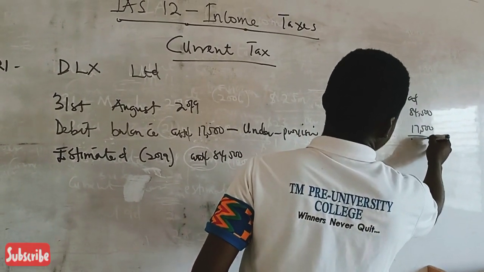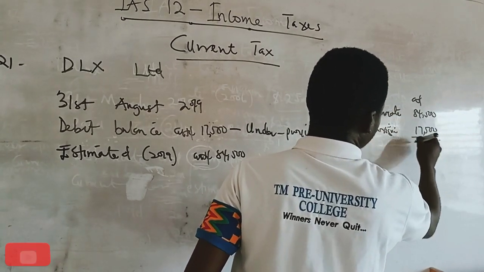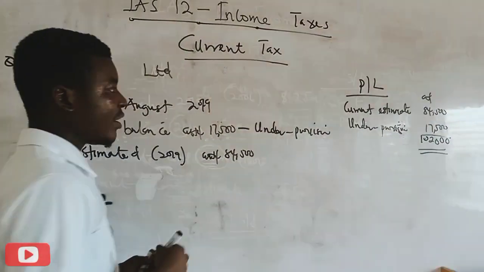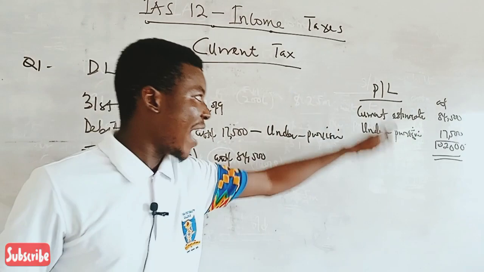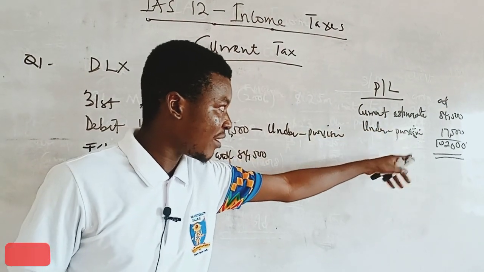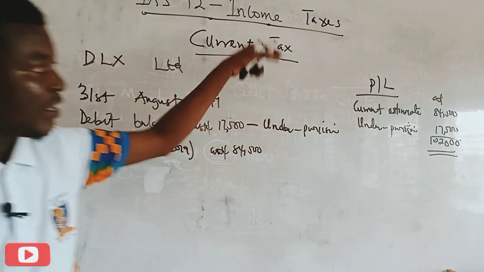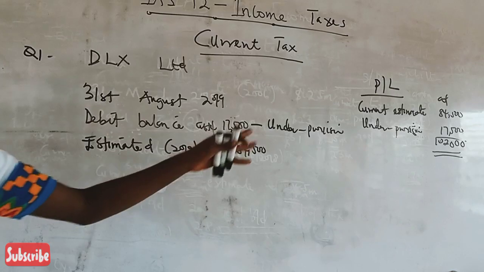So in the current year statement of profit and loss account, the under provision will be added to the current year estimate to have a figure of 102,000, which will be sent to the current year statement of profit and loss account as the tax amount.